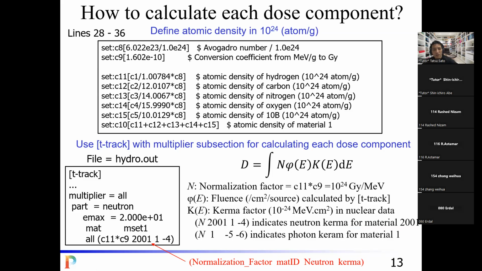And in the multiplier functions, there is a special way to consider the kerma factor of a certain material.